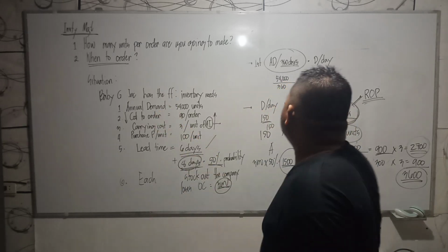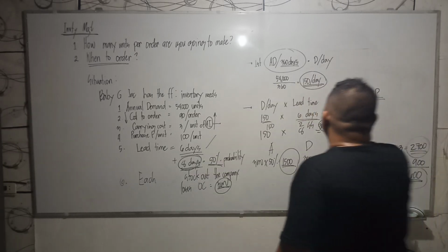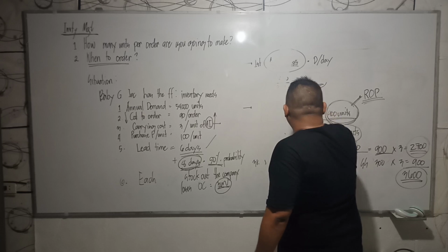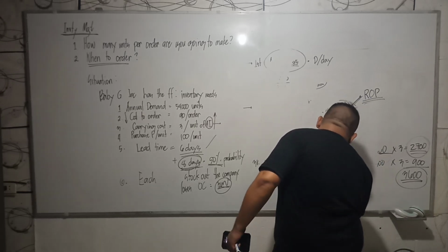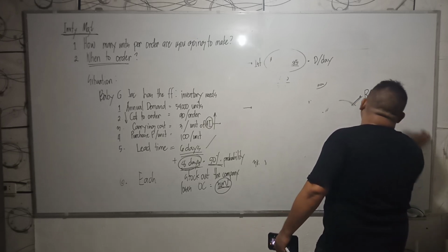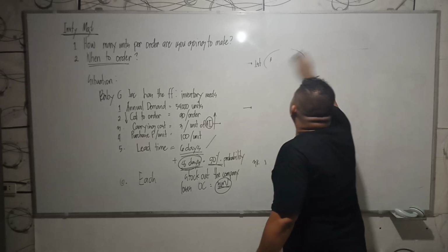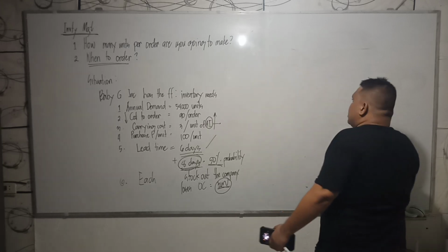However, one last thing. Under the EOQ that I have mentioned a while ago, there are times that you are a manufacturing company. And if you're a manufacturing company, we're talking about making inventories.